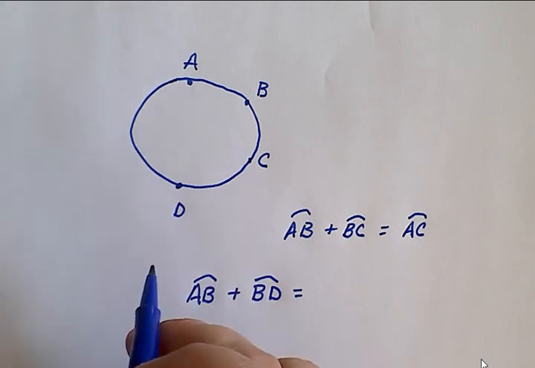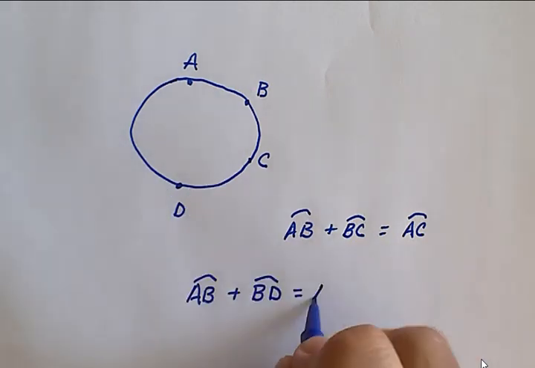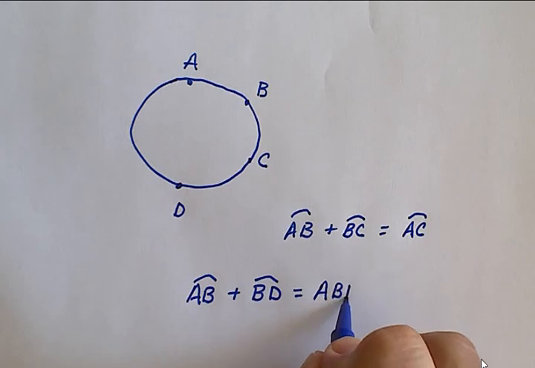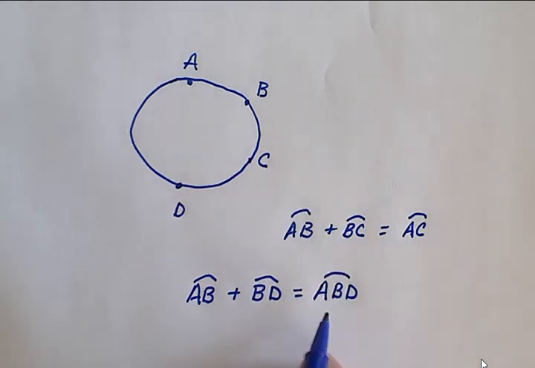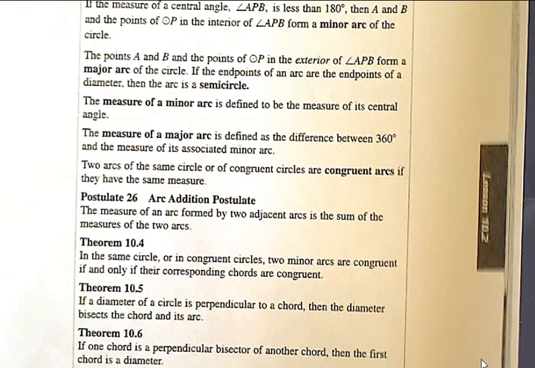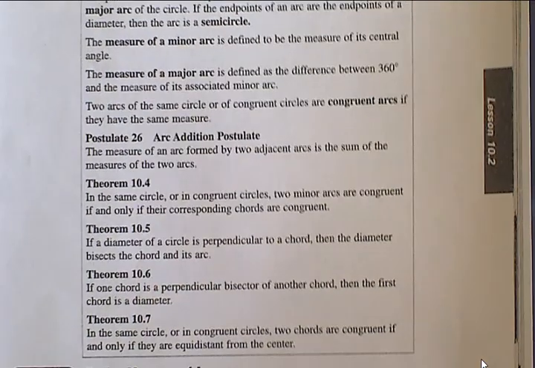It equals ABD, which is a major arc, and which is the combination of these two smaller minor arcs. So be careful. I'll talk some about these other ones as we look at some of the exercises.